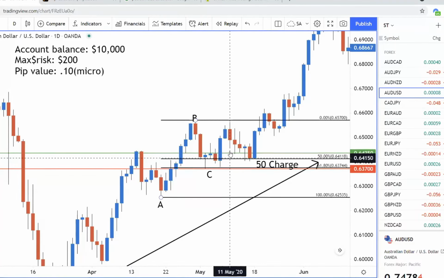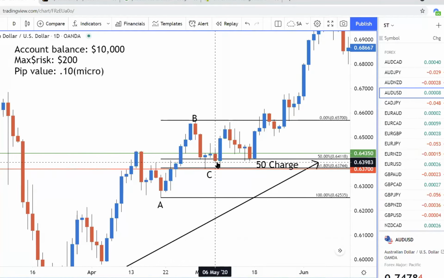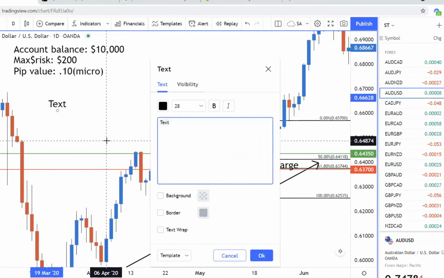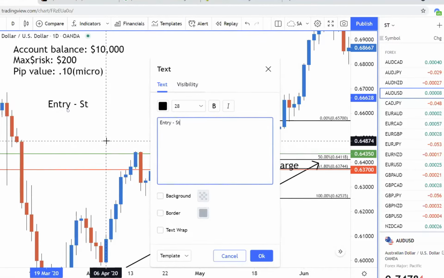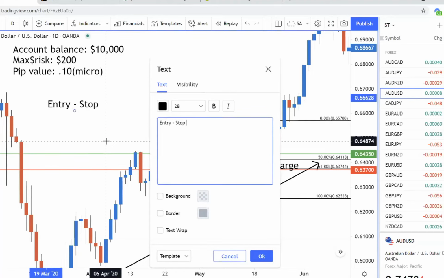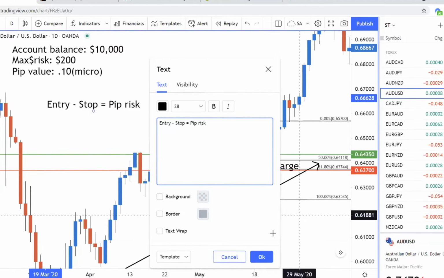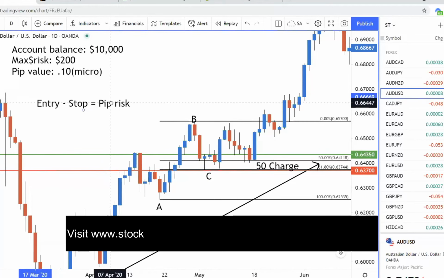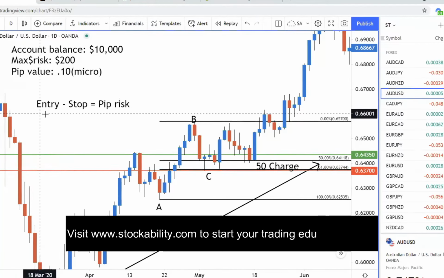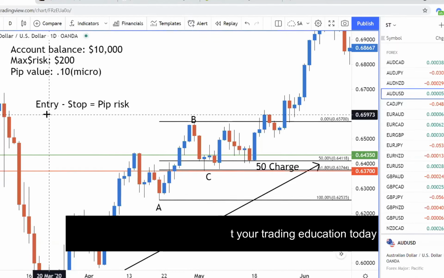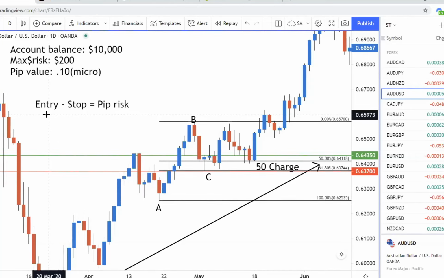So going into the process of position sizing, what we would first need to do is entry minus stop. And that's going to equal our pip risk. It's just the amount of risk that we have in pips, right? So notice that for position sizing, you have to know where your entry and your stop is, right?